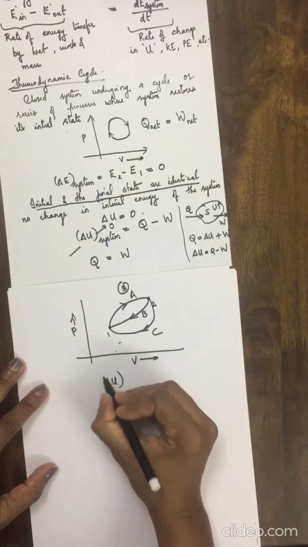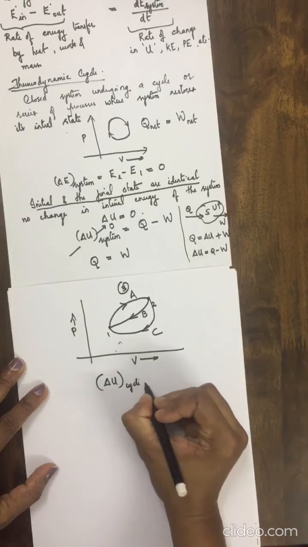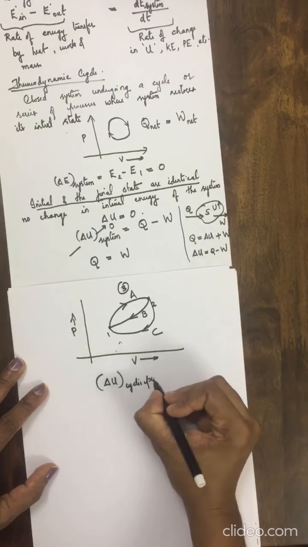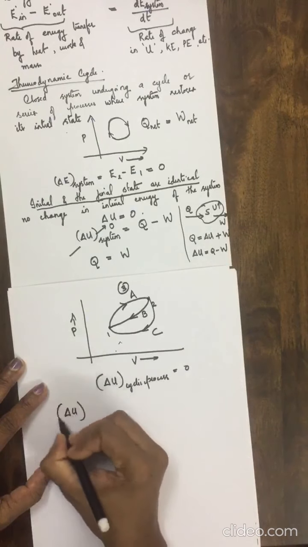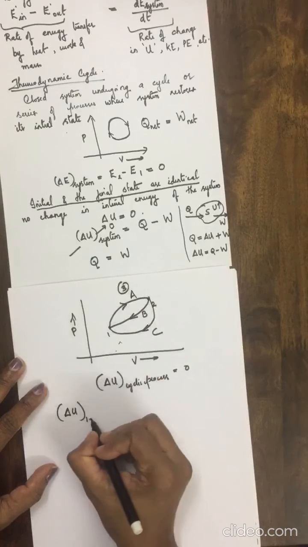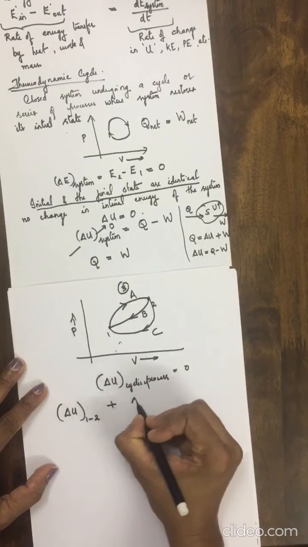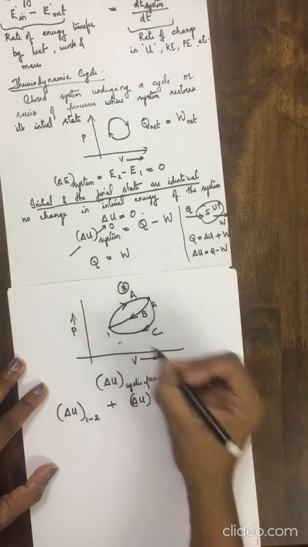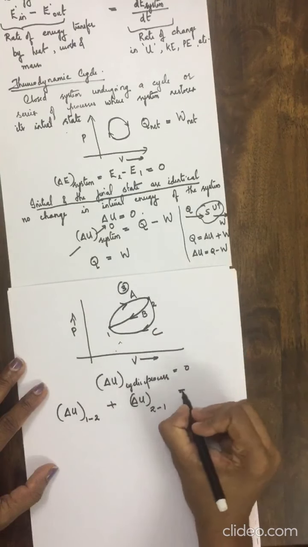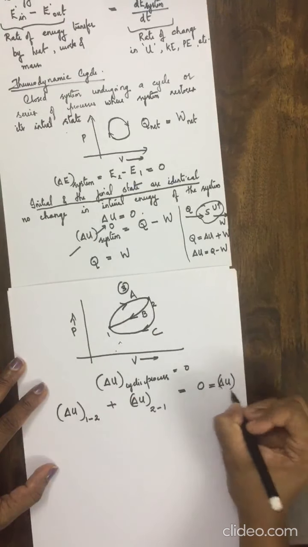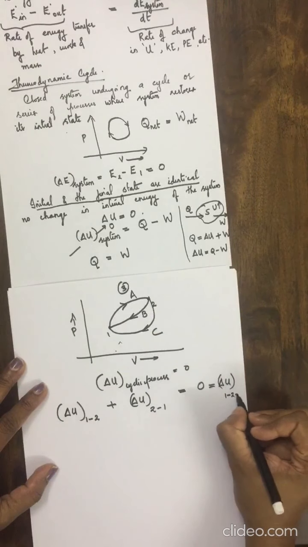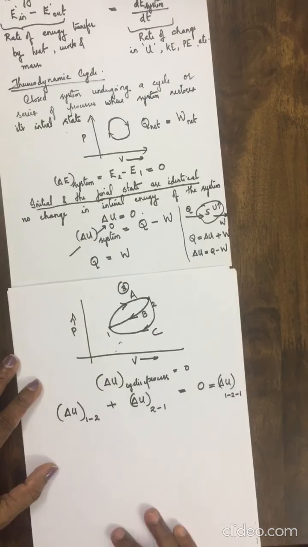So the change in internal energy of the cyclic process is equal to 0, which means del U across path A, that is from 1 to 2, plus the change in internal energy from 2 to 1 should be equal to 0, which is del U of a cyclic process from 1 to 2 and from 2 to 1. So that is equal to 0.